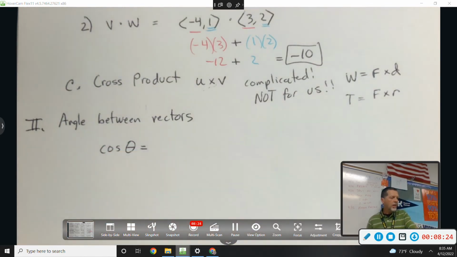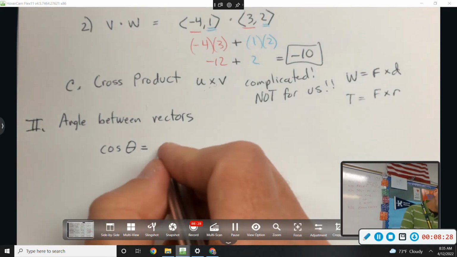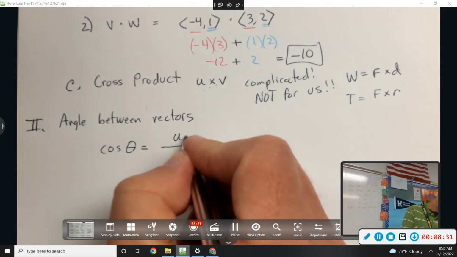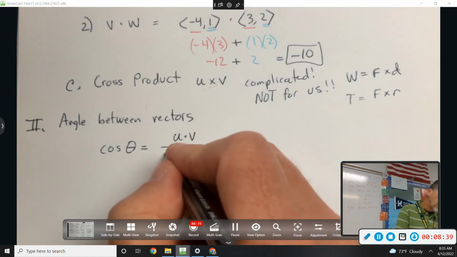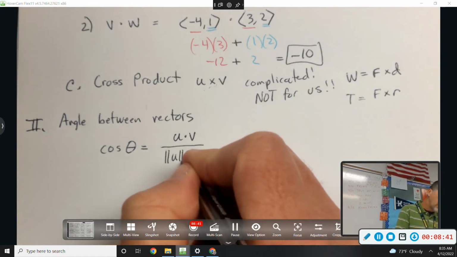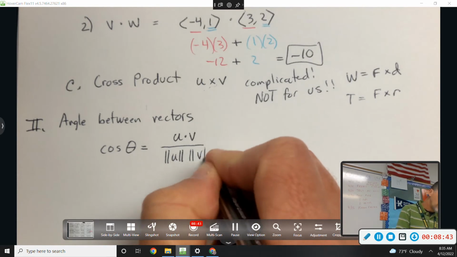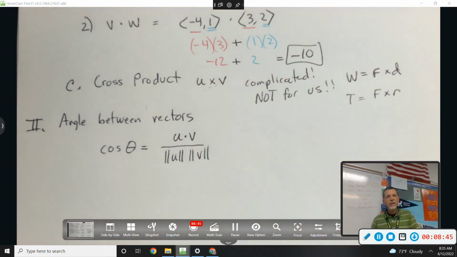The cosine of the angle between vectors is equal to u dot v, the dot product, over the length of u times the length of v.